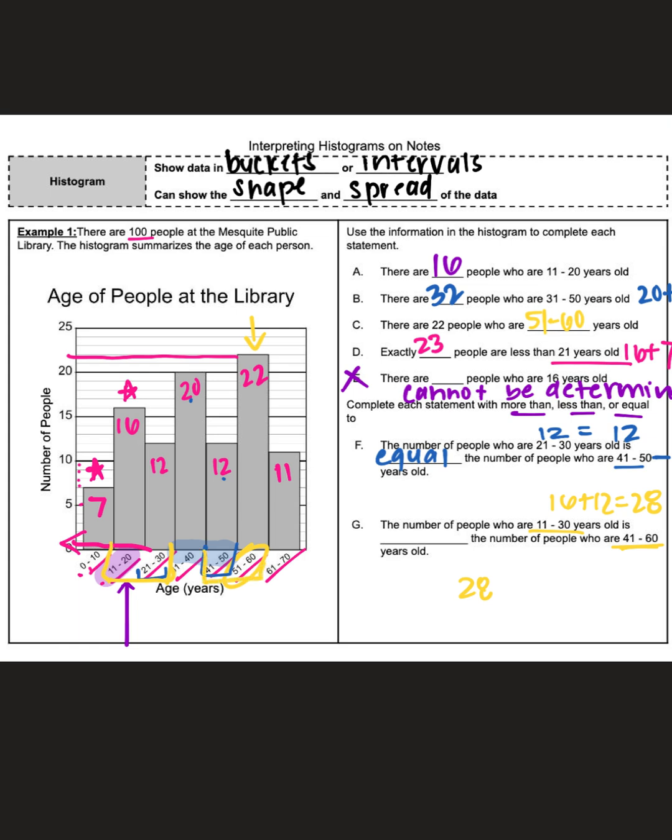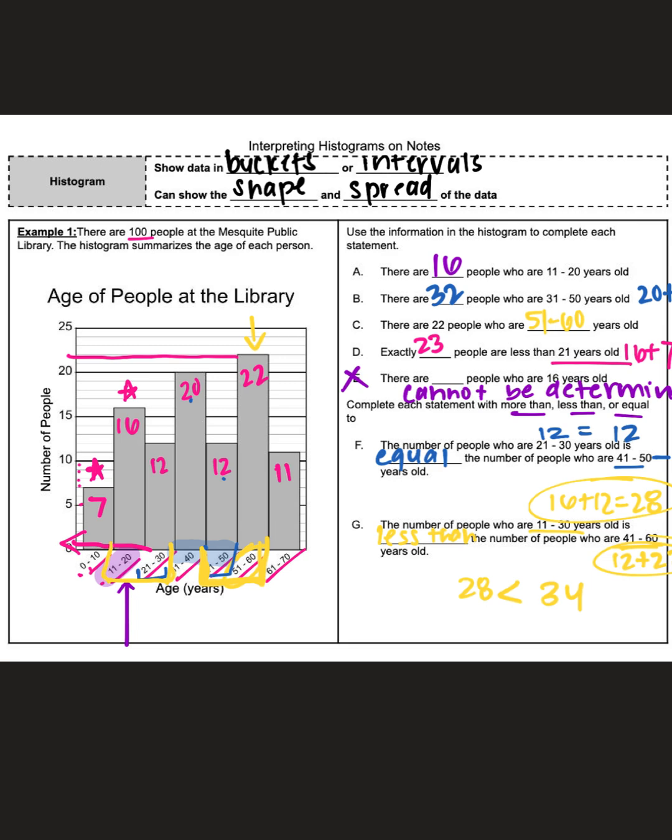I need to go all the way to 60. That's two buckets. That's another one, right? In this one, I have 12 plus what number? 22. So altogether, that's going to be how much? Good, 34. So I'm going to go ahead and put the less than symbol in there, and that means that there are less people in these two buckets than there are in these two buckets, right? Take a moment to catch up.